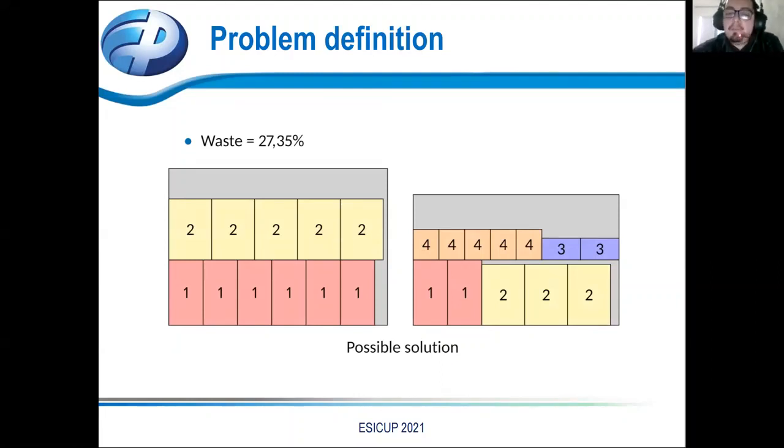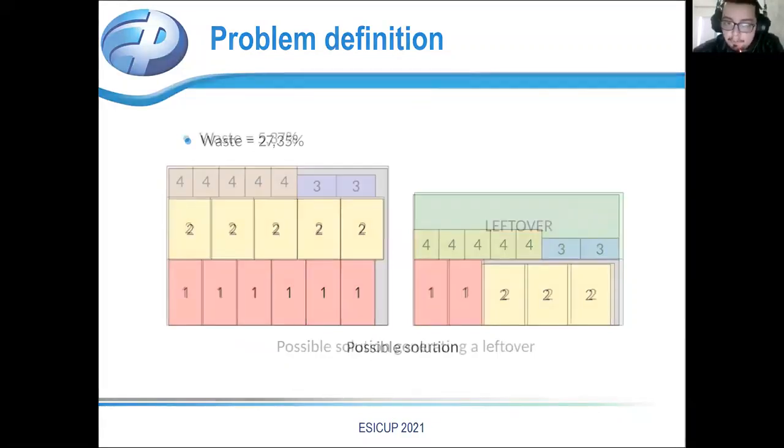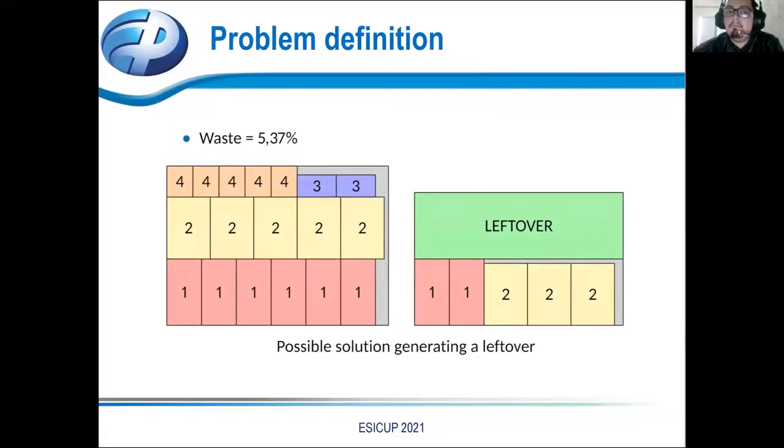However, if we allow the generation of a usable leftover, we can decrease this waste to 5%. So it's a very simple example, but that shows the main advantage of allowing the generation of leftovers in this two-dimensional cutting problem.